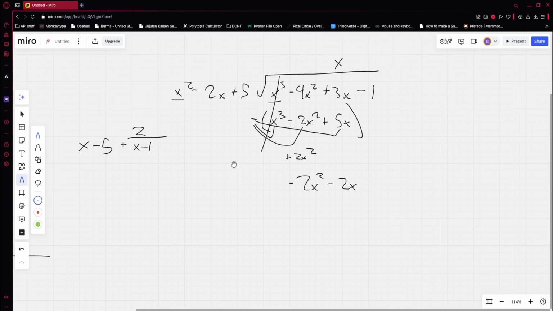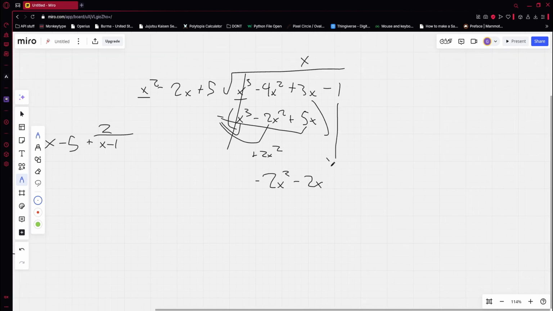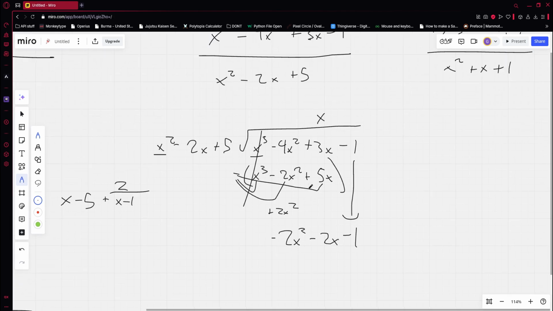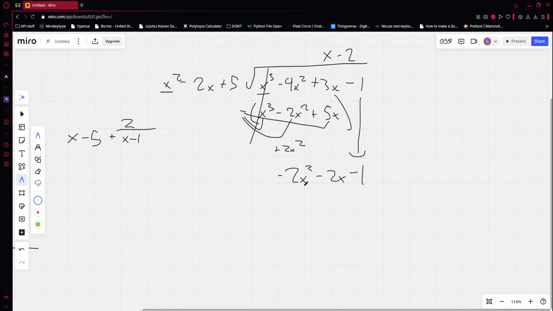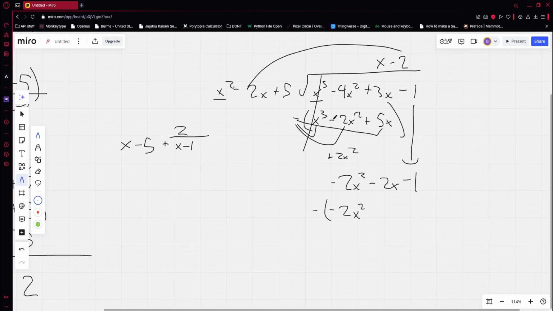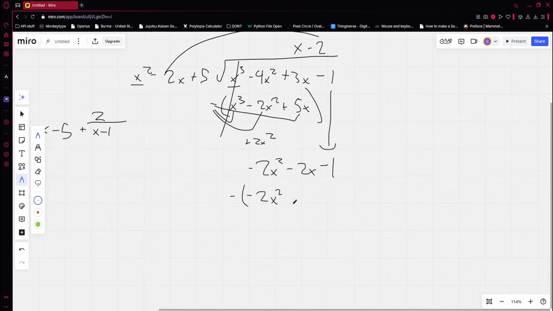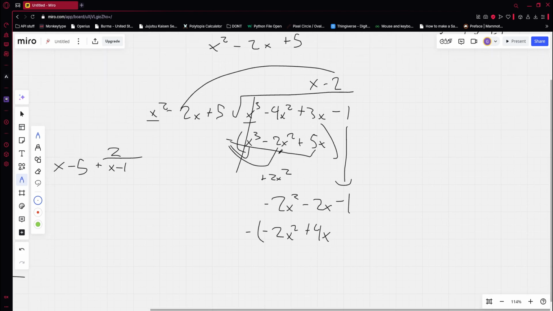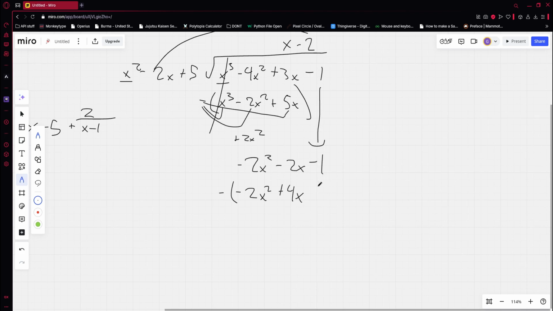Now what we're going to do is say again, bring this down. What do we multiply x squared by to get negative 2x squared? Well, just negative 2. So, negative 2x squared, multiply it. That gives us plus 4x, I believe. Yes, it does.